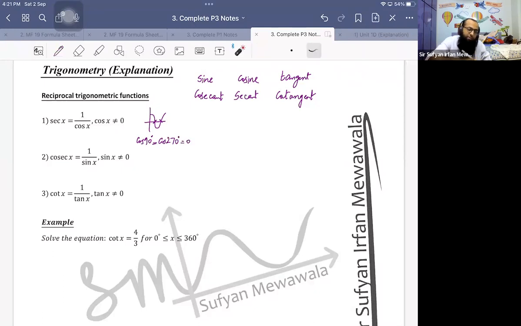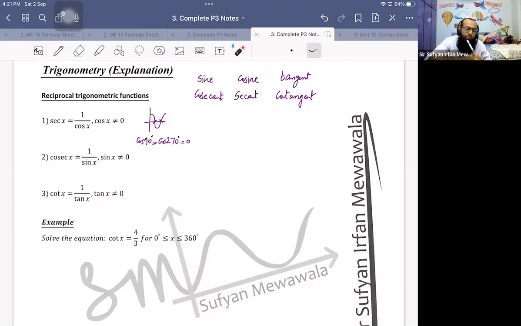This means sec will be undefined when x is 90 or 270, because if cos x is 0, then sec x will not be defined. So sec x is 1 over cos x, but cos x should not be equal to 0. Then cosec x is 1 over sin x, but sin x should not be equal to 0. Then cot x is 1 over tan x, but tan x should not be equal to 0.